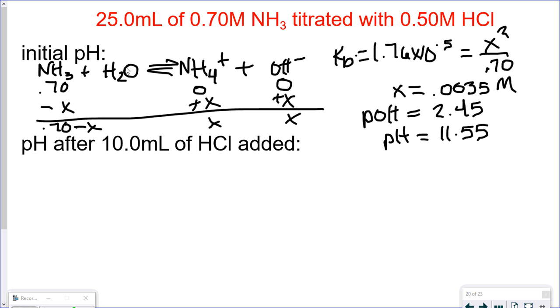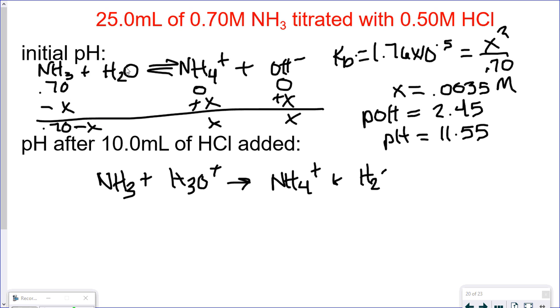All right, let's find the pH after 10 milliliters of the acid is added. So we are neutralizing, so we need to actually write what's reacting together. We have the ammonia reacting with hydrochloric acid and water, producing hydronium ions, that will produce the ammonium ions and water. Now remember, when we're in the neutralization process, we need to be using moles instead of molarity.